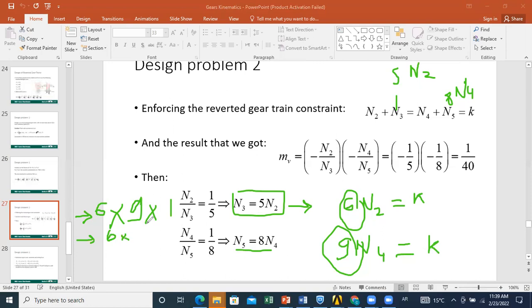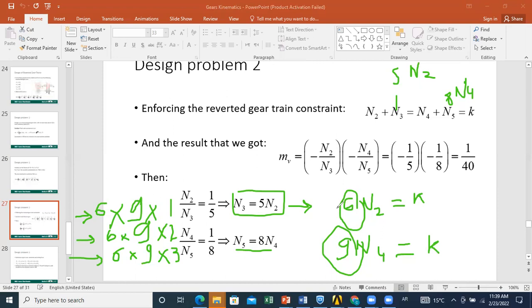The second possibility is 6 times 9 times 2. Then you move to 6 times 9 times 3, etc. When you reach an acceptable combination, you stop. Because in general, we desire to have the minimum possible dimensions for our gears. This is why whenever we reach a good combination, we stop. We don't look at larger sizes due to space constraints.